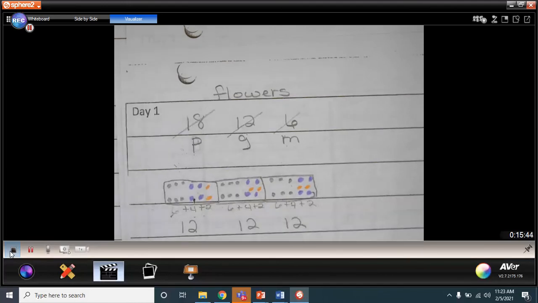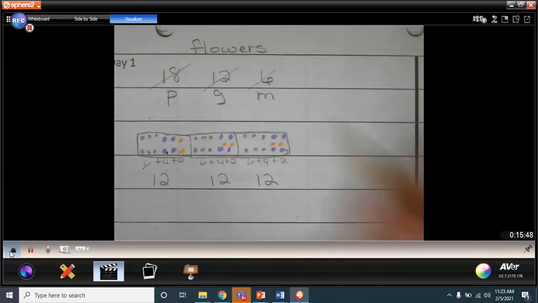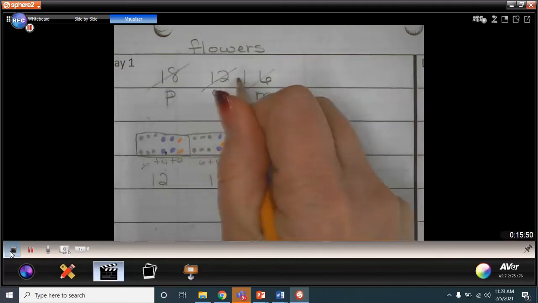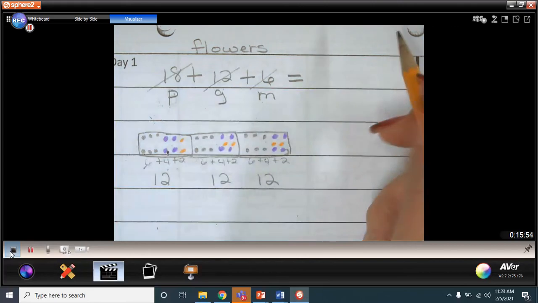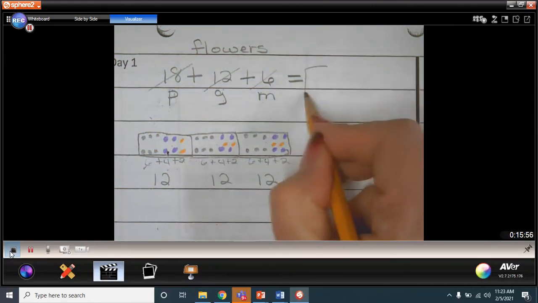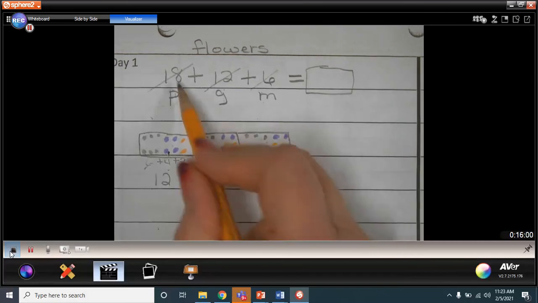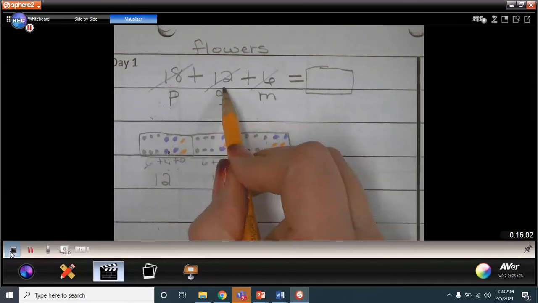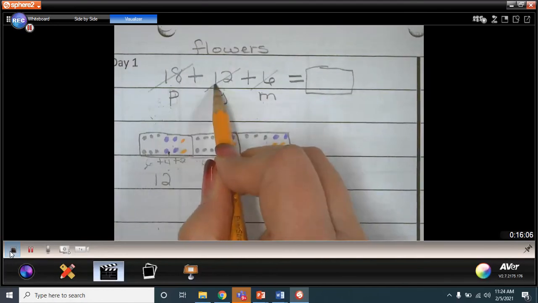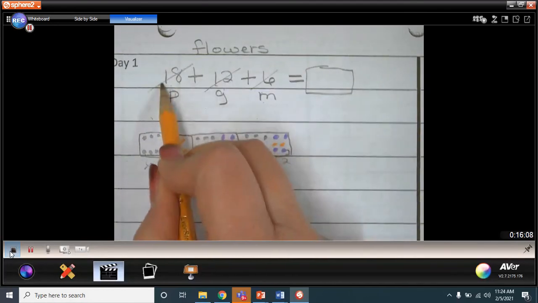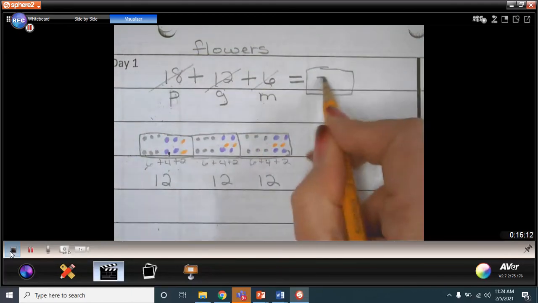Now, another way to think about this is, let's take all of the flowers, put them together, and then take the total and share them equally, which would be division, right? So if I take 18 and 12, well, 8 and 2 is 10, and 10 plus 10 is 20, plus another 10 would be 30, and then 6 makes 36.